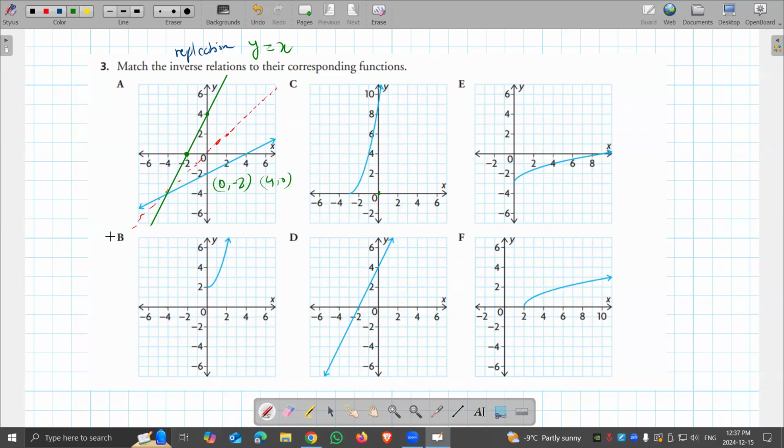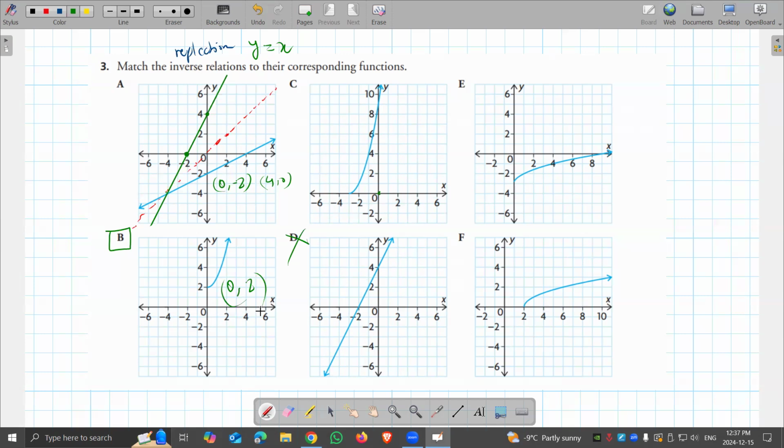Sorry, let's do B. So for B, you have four options here. Which one do you think is its inverse? For A, it's D. What's the inverse of B? Let's find one point, right? Find a boundary point and see how it changed. So right now, this is going through 0, comma 2.